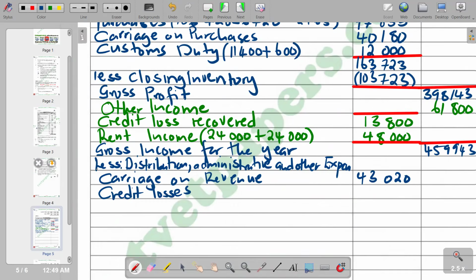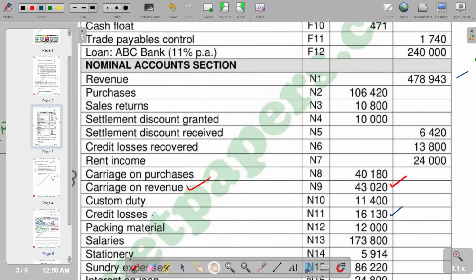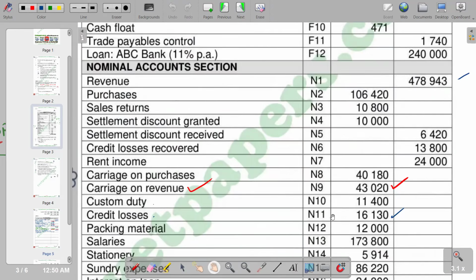The figure that we have for credit losses is 16,130. And of course, again, in the additional information, we've got a further credit loss that we identified earlier, which is 4,800. We said it's a credit loss. So we've got a further credit loss, which we need to add, 4,800. We add it to 16,130.